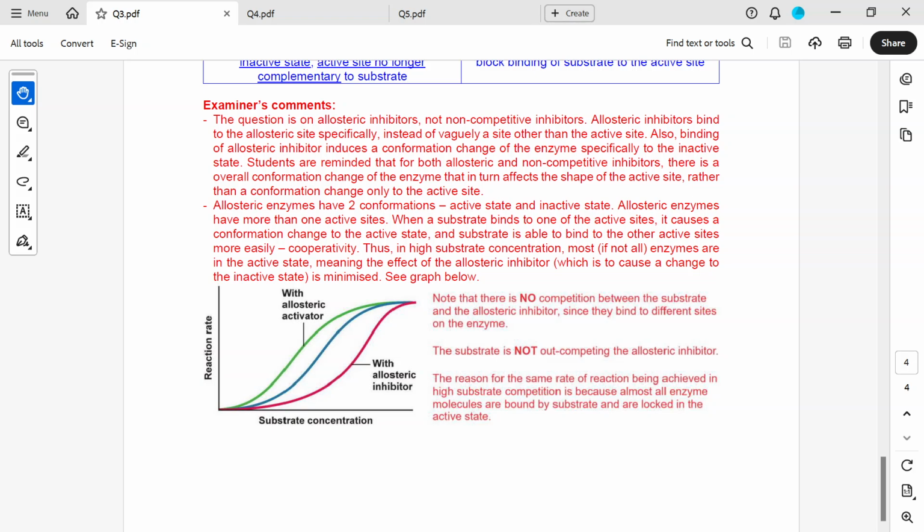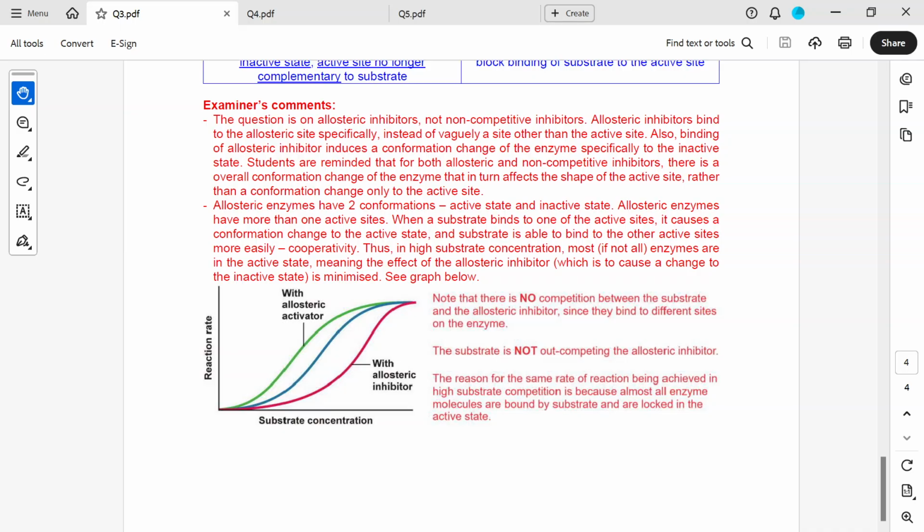Okay, so this is something that maybe you did not think too much about, because you were equating allosteric inhibitor with non-competitive inhibitor as if they are exactly the same. They are not the same, because the allosteric enzyme is a bit different, unlike normal enzymes.